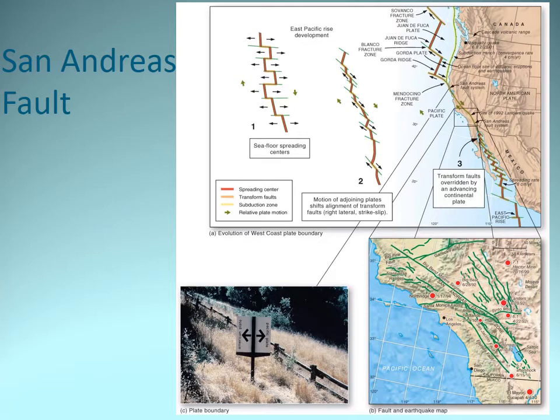These transform faults are a byproduct of parallel but offset seafloor spreading centers. On the bottom, we see the San Andreas Fault, but there are many other faults in Southern California. Some are associated with that fault, but others are all by themselves. And so the San Andreas Fault is not the only fault that we have in Southern California. It is, though, the most active.